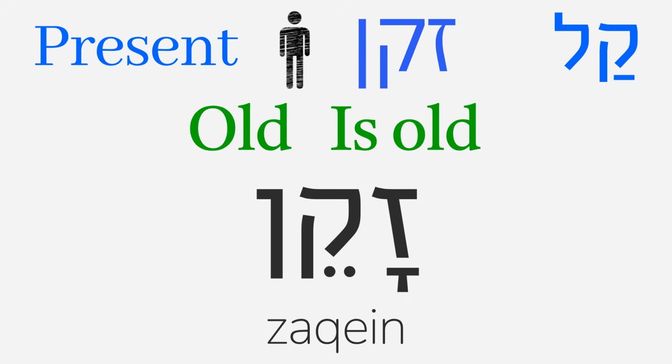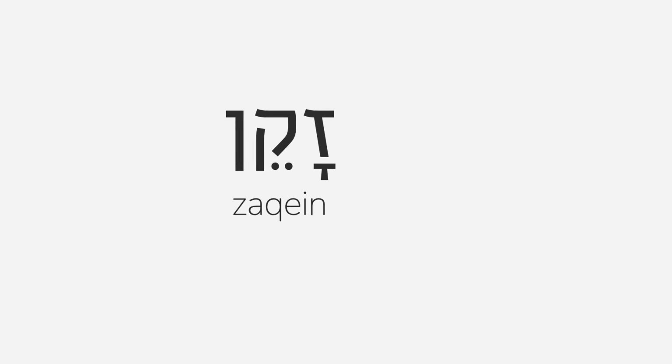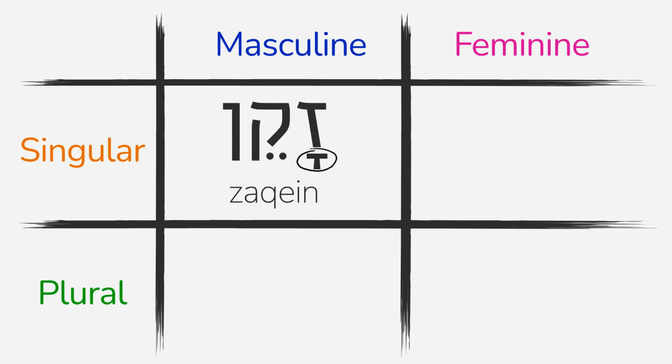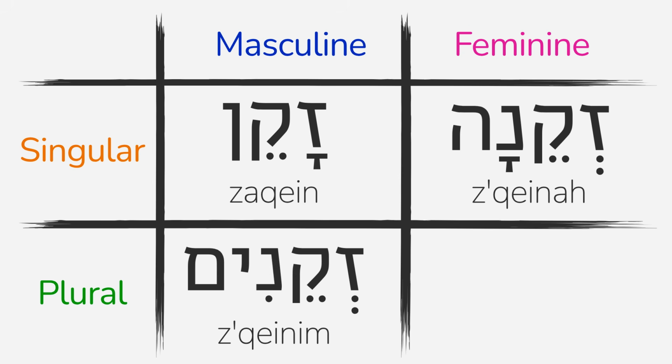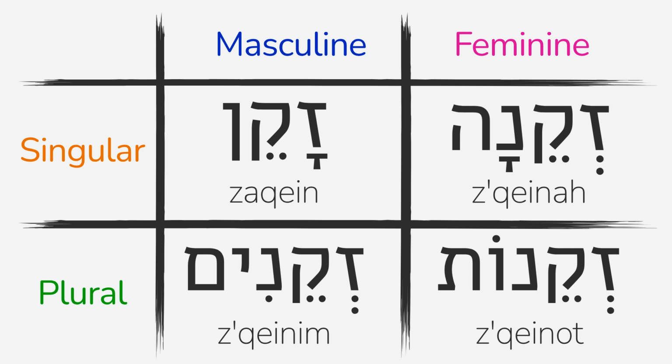The other forms of the present tense are actually formed like Hebrew adjectives. For two-syllable words like zaken, we'll often shorten the first vowel, the kamatz, to a shva, and add a for zekena, is old in feminine singular form, im for zekenim, are old in masculine plural form, and ot for zekenot, are old in feminine plural form.